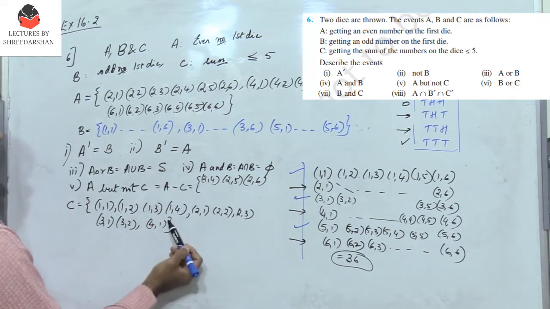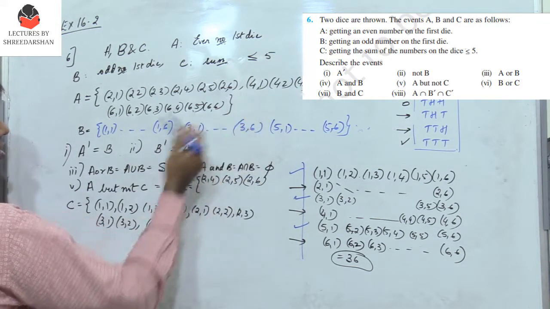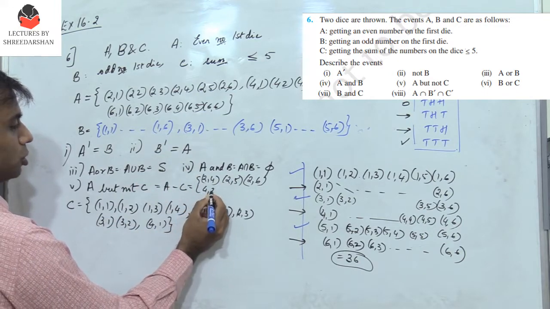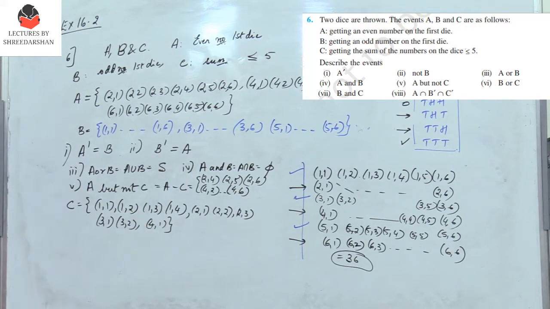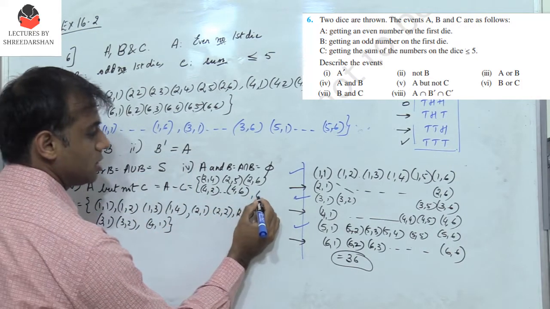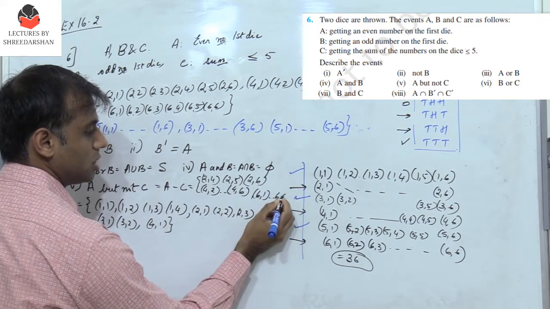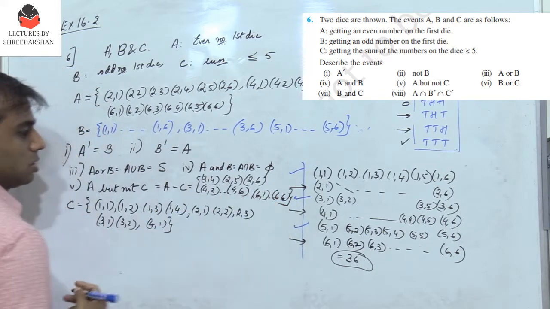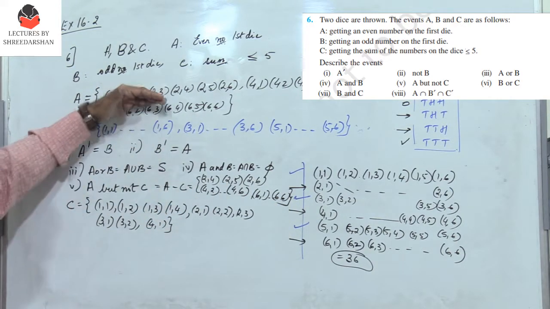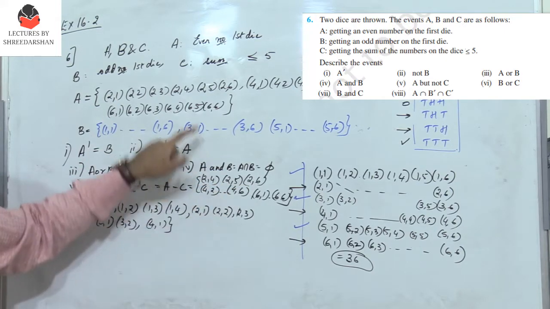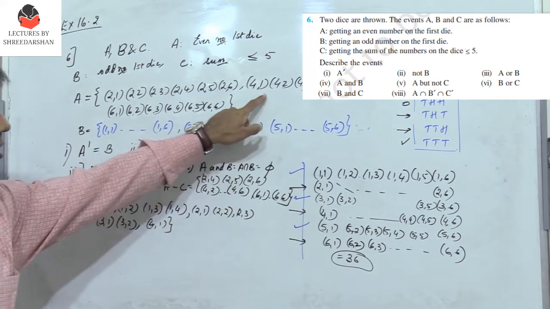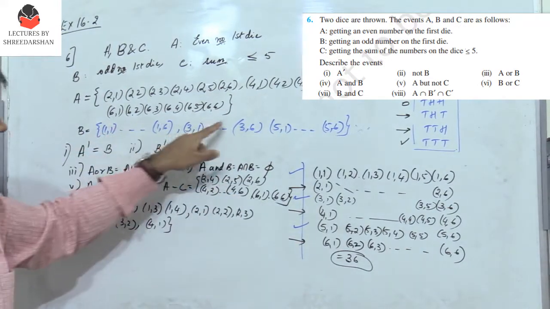Next, 4, 1 is present, so that gets scored out. The remaining 4, 2 to 4, 6. And then of course 6, 1 to 6, 6. So all the elements which are present in A but not present in C. So I get 2, 4, 2, 5, 2, 6, 4, 2 to 4, 6, all of them. And then 6, 1 to 6, 6.